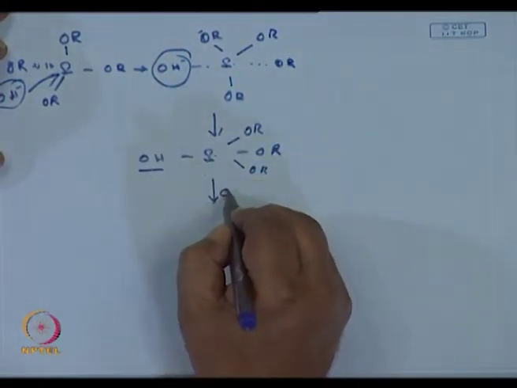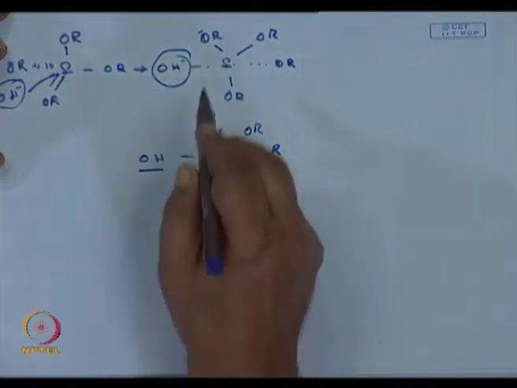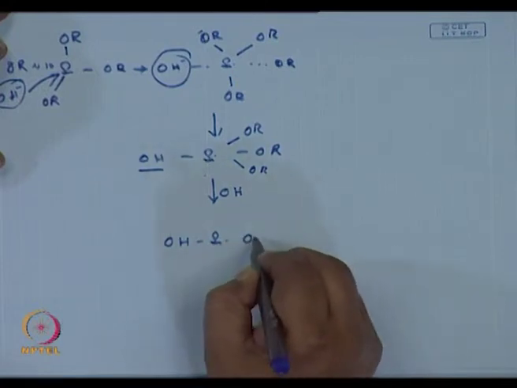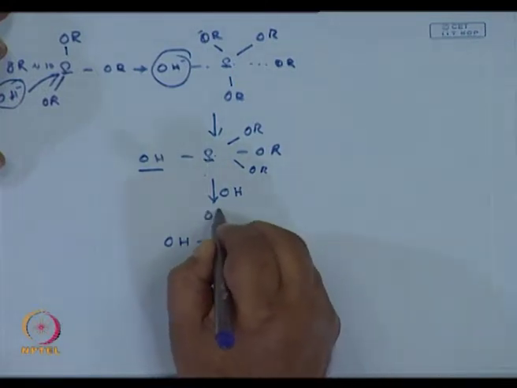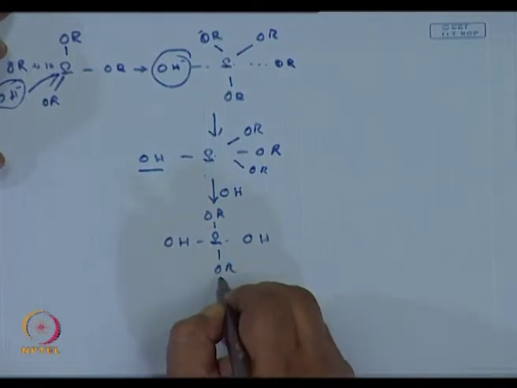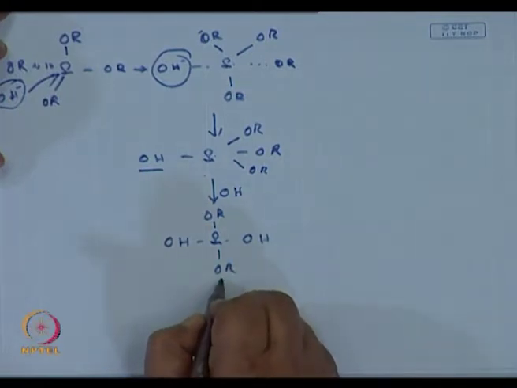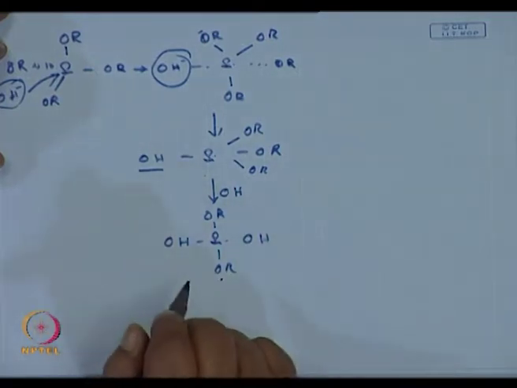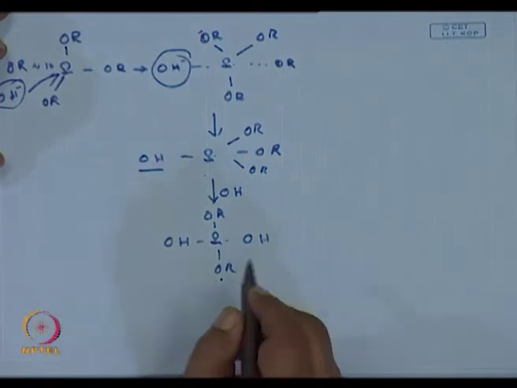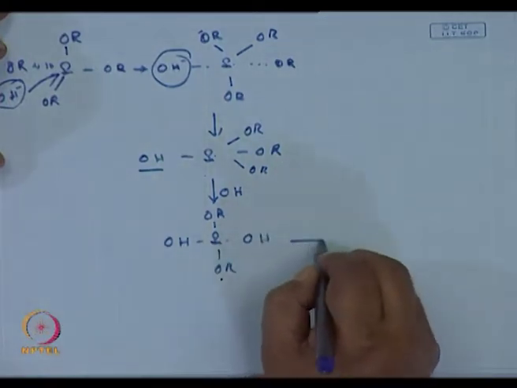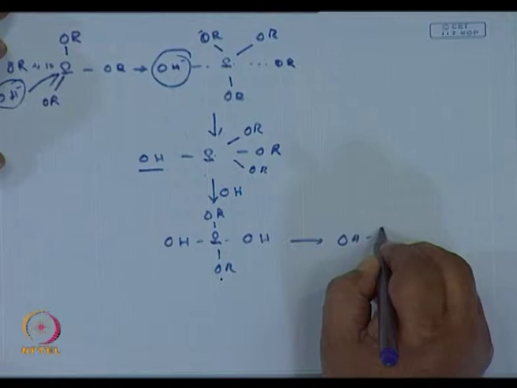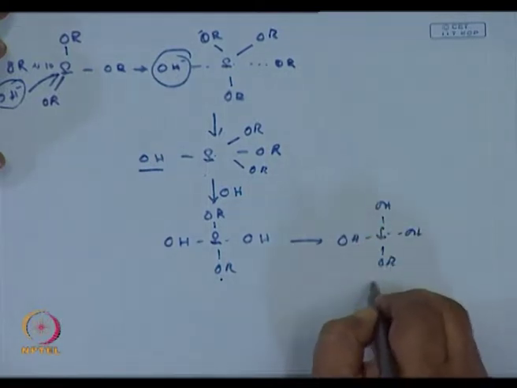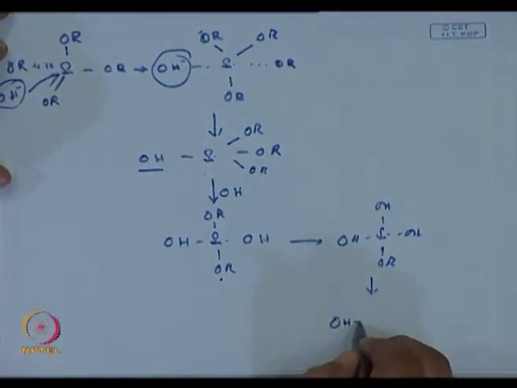At the second step, a second OR group would go, and what I am left with is this, that at the third step I would get OH, Si, OH, and finally the last OR would go.